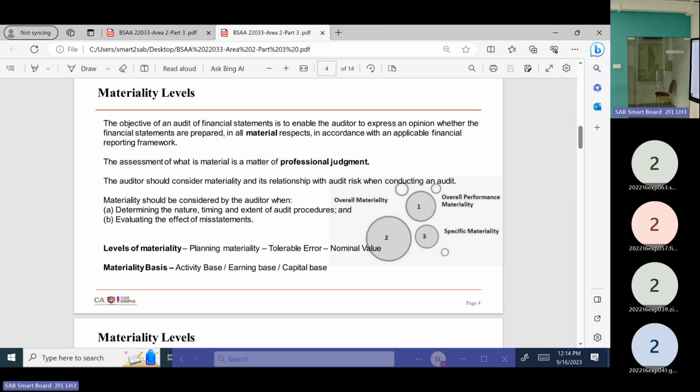So the materiality level should be addressed to the stakeholders. After issuing the audit report, the draft accounts become the audited financial statements, right? Audited financial statements may be used for decision-making purposes by different stakeholders for different decisions.